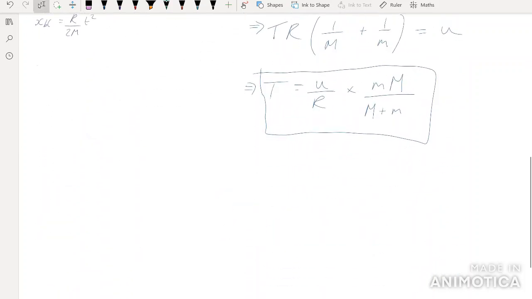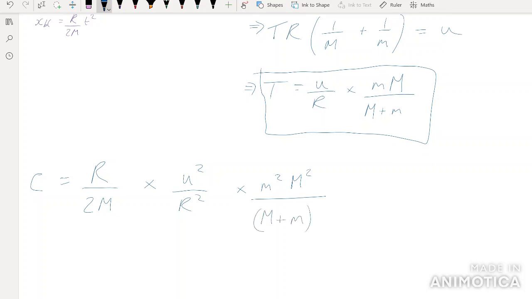We've got that C must be equal to R over 2m times capital T squared, which is U squared over R squared times M squared over M plus M squared.